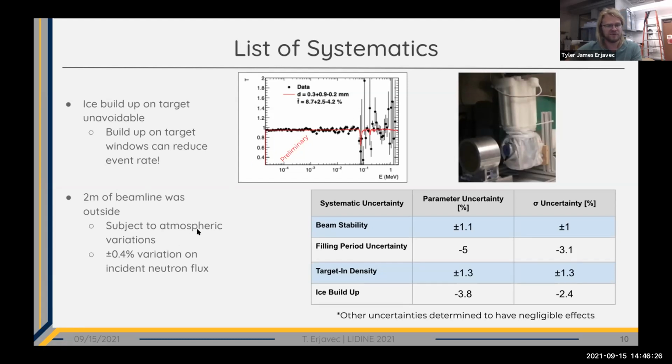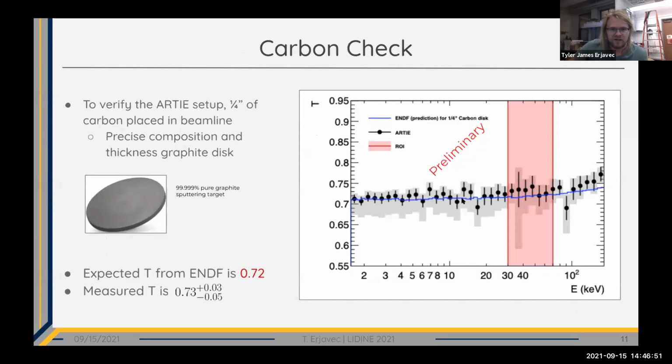Additionally, 2 meters of beamline was outside, so this was subject to the harsh New Mexico mesa atmospheric variations, and we were able to set a systematic on that. There's a bunch of other systematics that we detailed. I'm not going to go through them, but these are the major ones. Other uncertainties that we had, we determined to be negligible. If you have any questions, feel free to ask me about it.